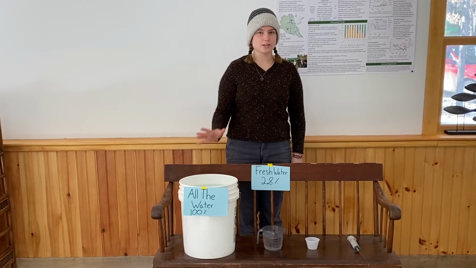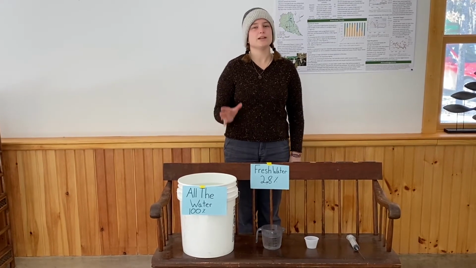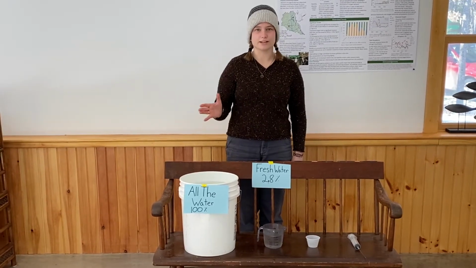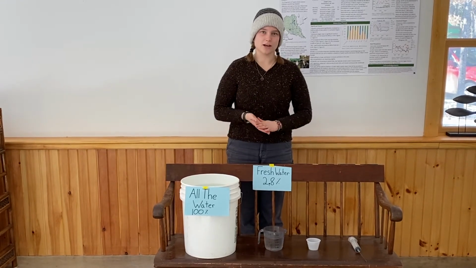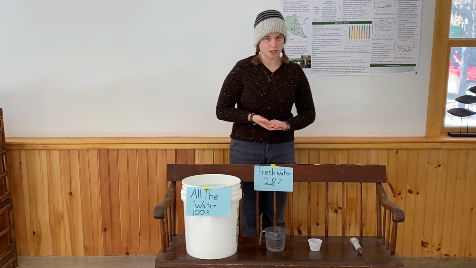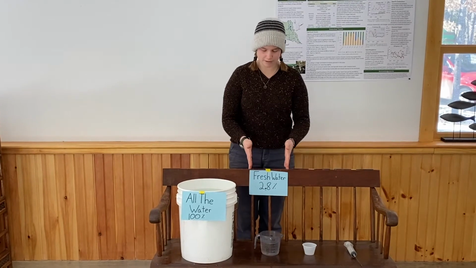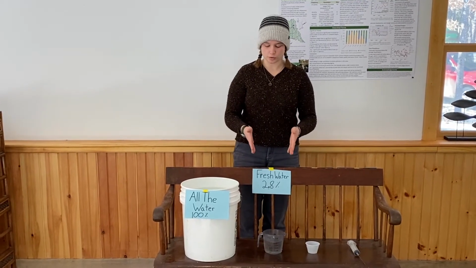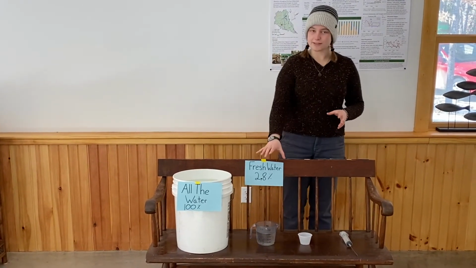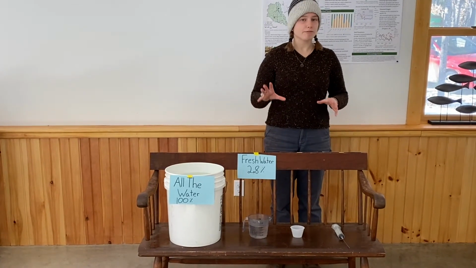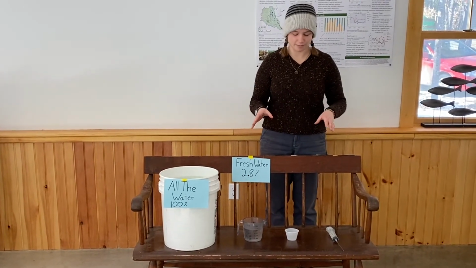There are ways to remove salt from water, but it's very costly, very time consuming, not really a good way to get drinking water. So 2.8% of our water is fresh water. But a significant portion of this is frozen in the polar ice caps.